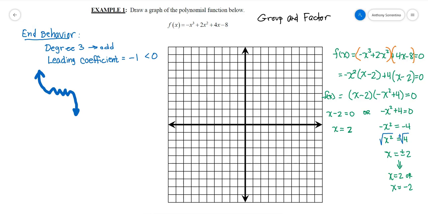So some important things happen here. When I went through the solution process, you notice that x equals 2 showed up twice. This means that x equals 2 is a 0, but it has a multiplicity of 2. Whereas x equals negative 2 is the other 0.